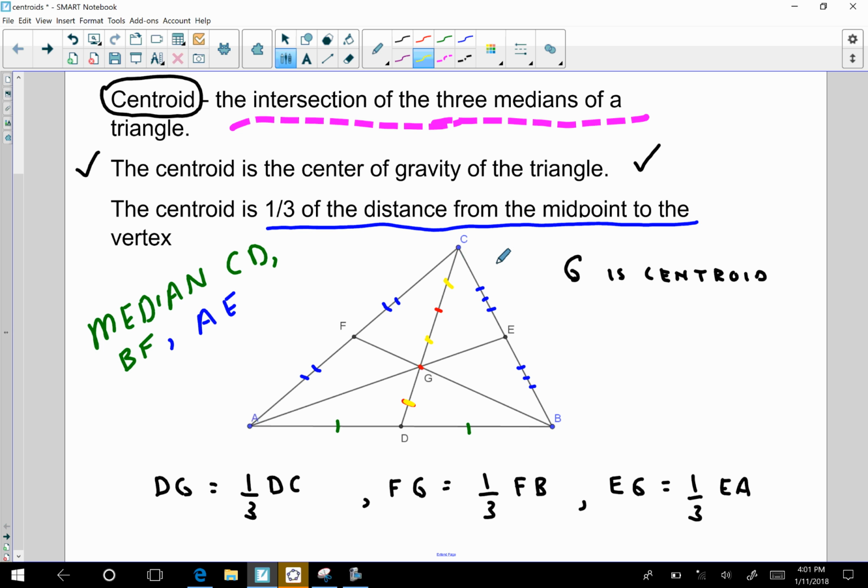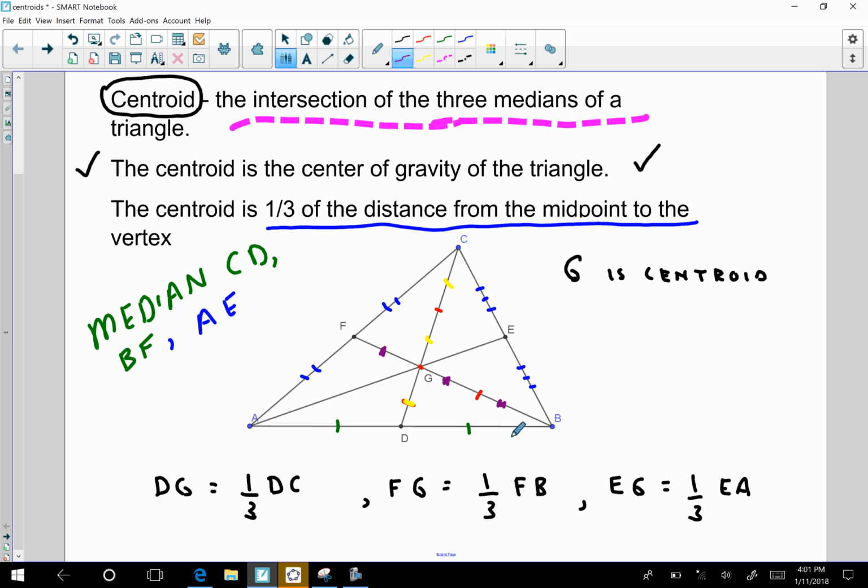In like manner, I can do the same thing because the centroid is 1/3 the distance from the midpoint to the vertex. So if I talk about the midpoint F, this property says that FG is 1/3 the distance of FB. Let's divide that into thirds, and we'll use a different color here. That would tell me that these three little segments are congruent, 1/3, 2/3, 3/3.